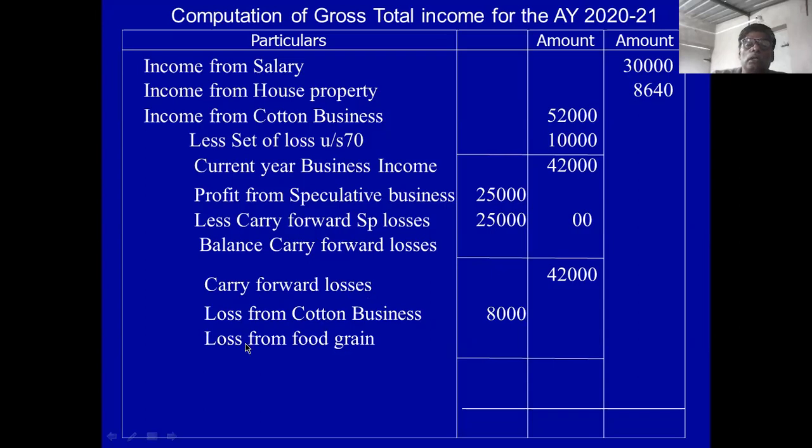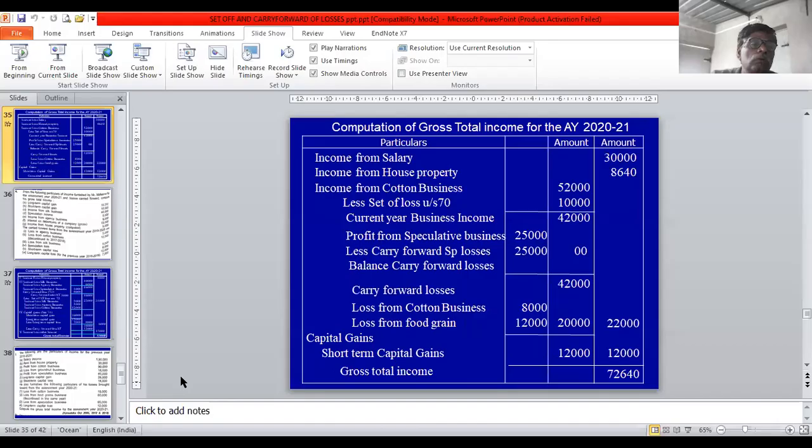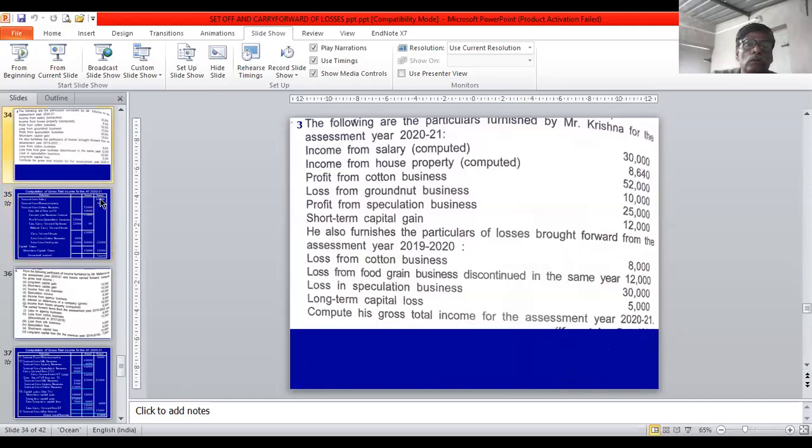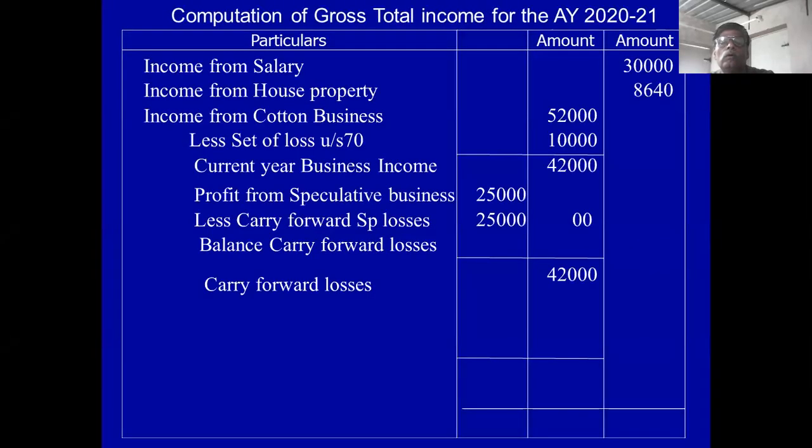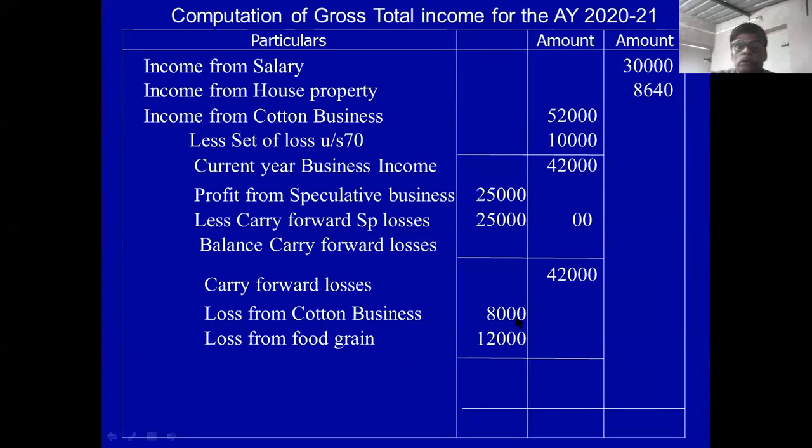Then loss from food grain business is 12,000. 8,000 plus 12,000, 20,000. 42,000 minus 20,000 is equal to 22,000. 22,000 is the business income.